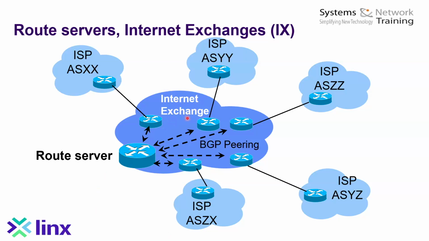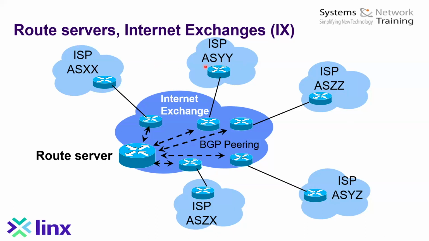And what that is, is a facility whereby if service providers, like these 5 here, AS XX, YY, ZZ, YZ, and ZX, want to have commercial relationships with each other, either peering or transit, whatever it is, that means that their BGP routers need to have connectivity to the BGP routers of the other organizations here.